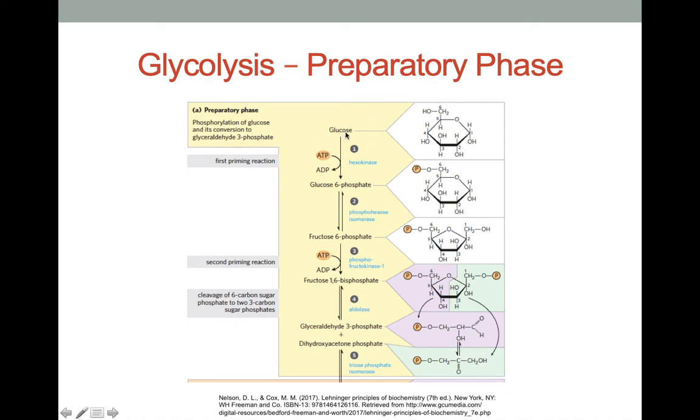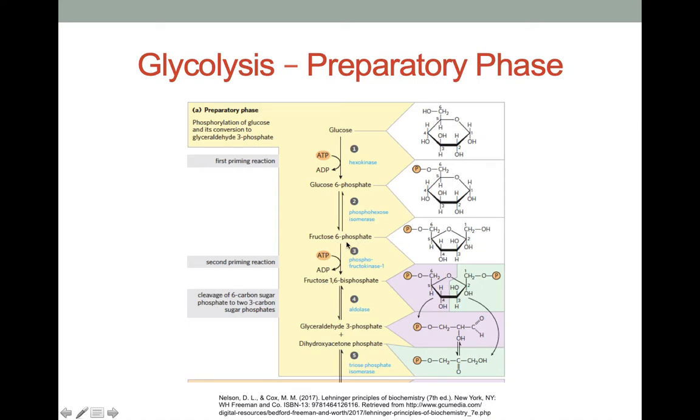In the first step, glucose, through the action of hexokinase and the use of a phosphate from ATP, is converted into glucose 6-phosphate. This glucose 6-phosphate is then converted to fructose 6-phosphate through the action of phosphohexose isomerase. If we look at what's going on, we're just rearranging the way things look.